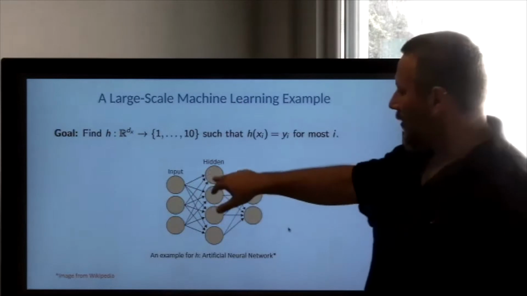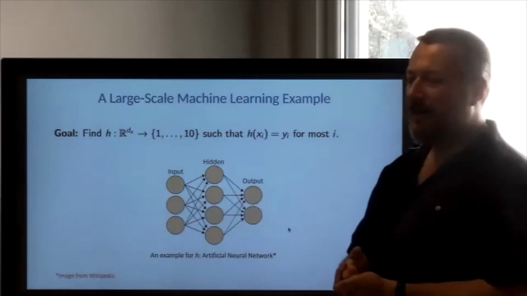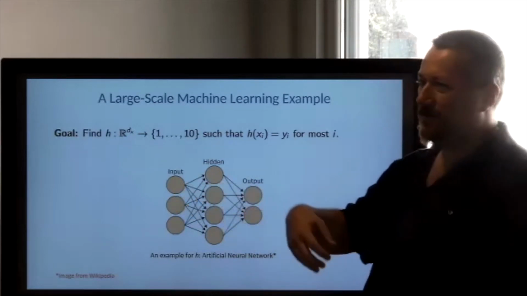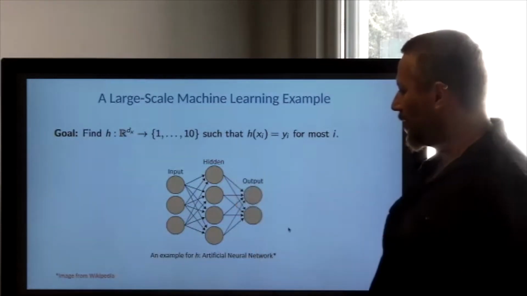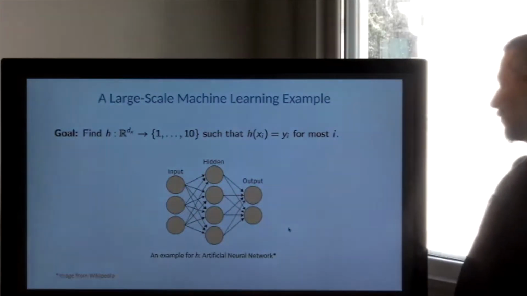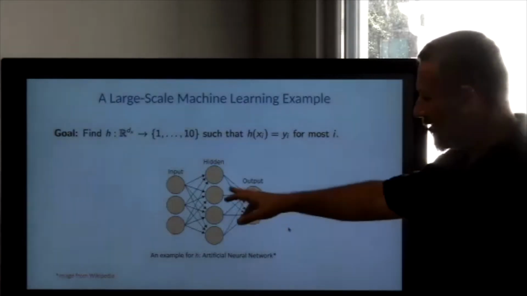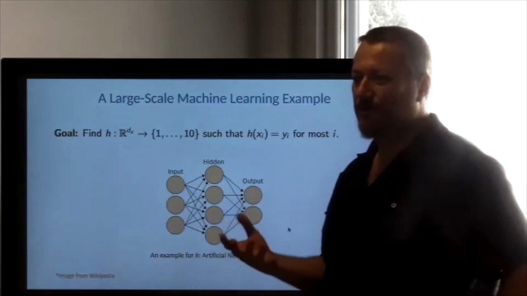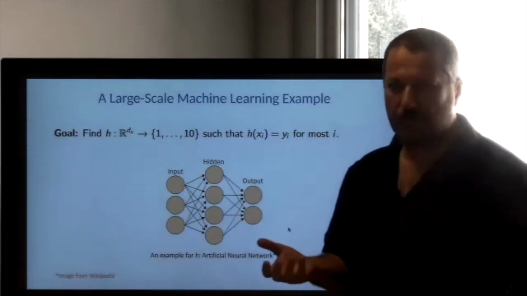And then there are connections between these nodes, and each connection gets the output of this node and multiplies it with a weight and then feeds it into the next node, denoted by these arrows. So it's a very complicated function, not this one maybe, but if you increase the number of nodes and weights, these connections, then it turns into a huge function.